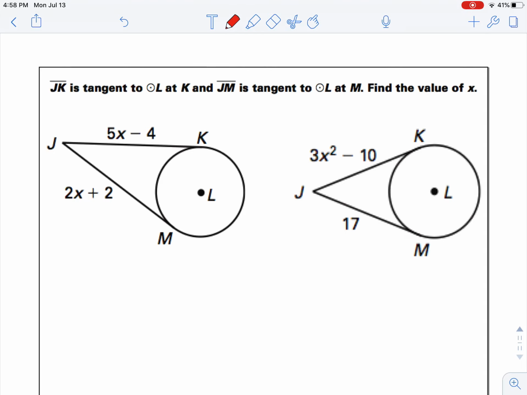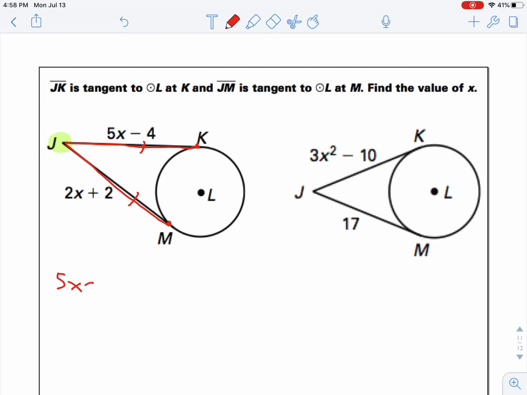So it tells you in this example that JK is tangent to circle L at K, and JM is tangent. So this is a tangent, and this is a tangent. It tells you that these are the points of tangency. And so then you know that they're both coming from J, the same external point.